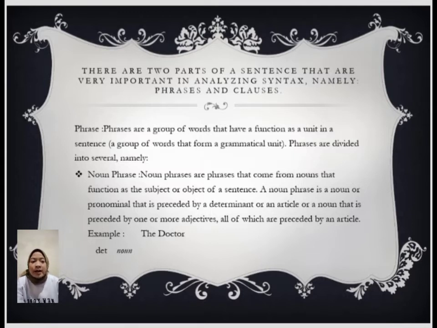A noun phrase is a noun or pronoun that is preceded by a determiner, or an article, or a noun that is preceded by one or more adjectives, all of which are preceded by an article.